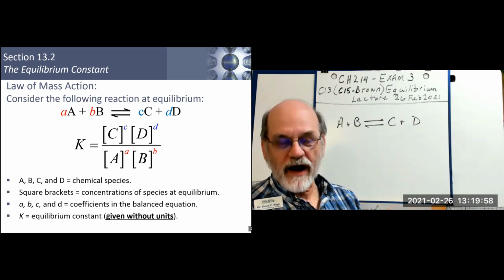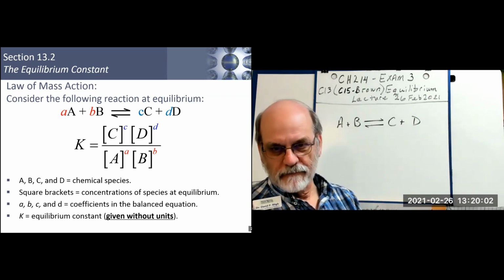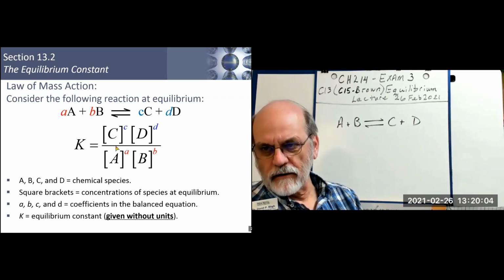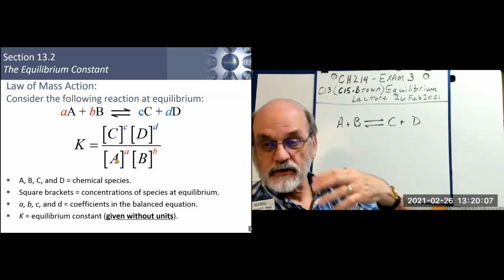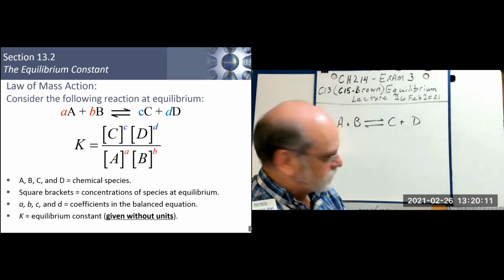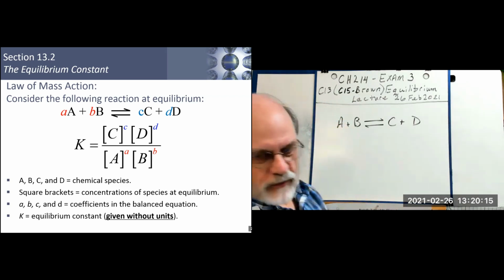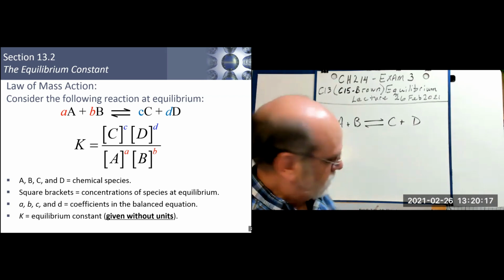When you use square brackets, you're saying we are now at equilibrium. Or if you have an unknown in there, you're trying to determine equilibrium concentration. Okay? So I don't need to write that on the board because it's right there on the slide.